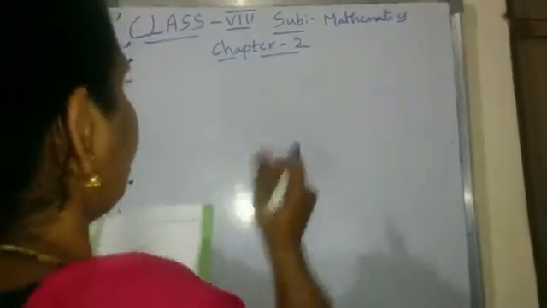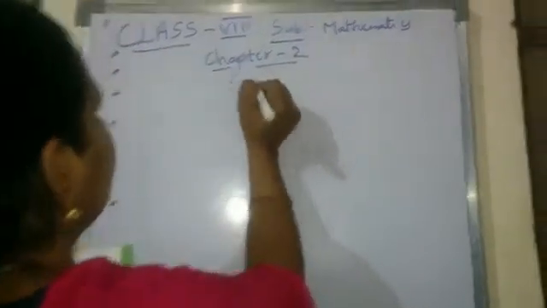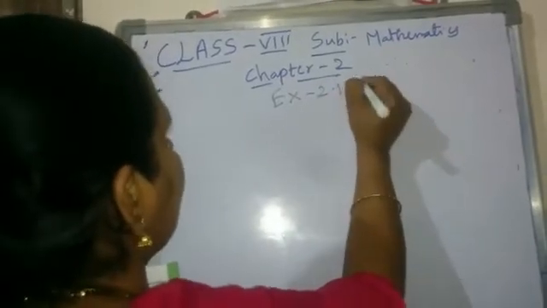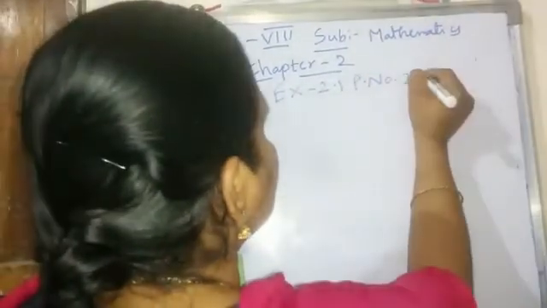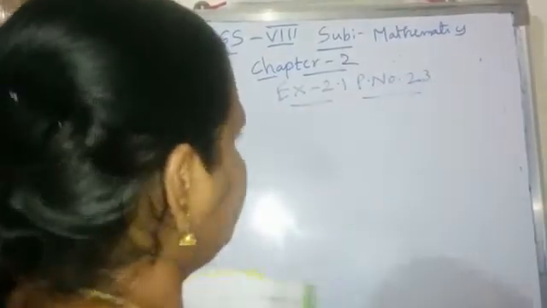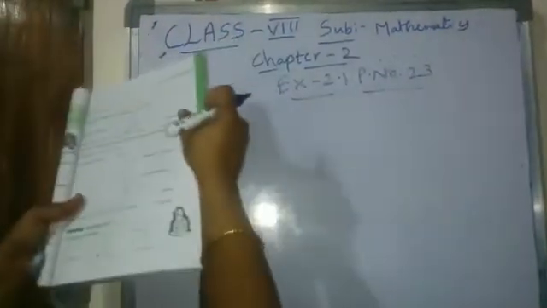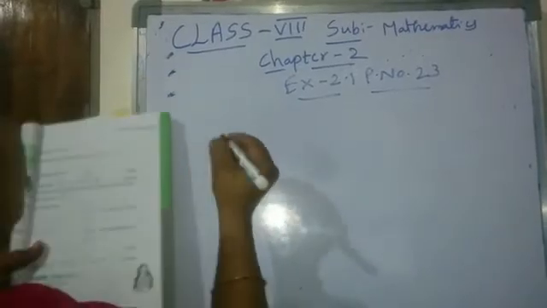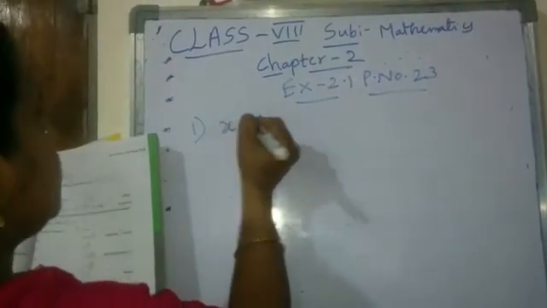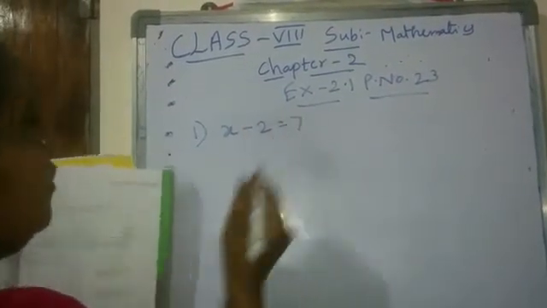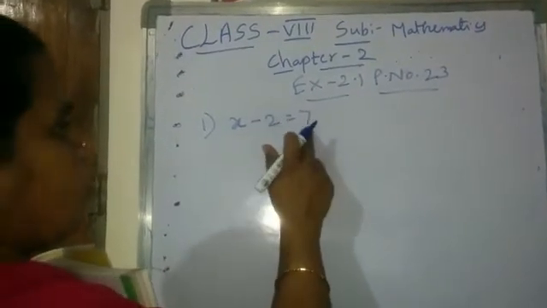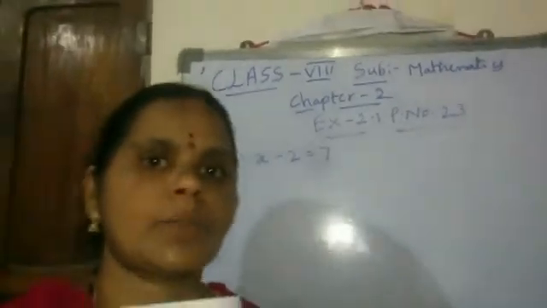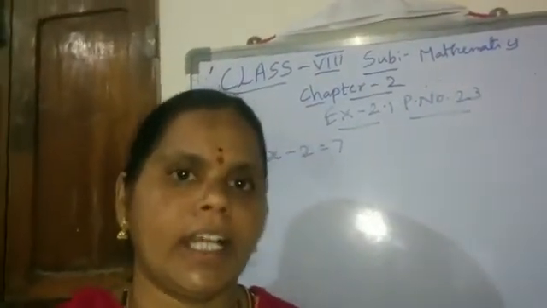Now see, exercise 2.1, page number 23. First question: x minus 2 is equal to 7. See children, this has a variable and constants. You already learned the transposing concept in class 7.